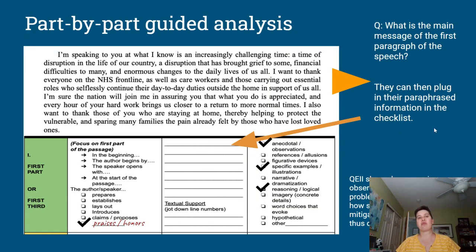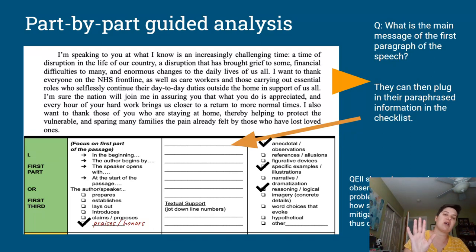So now we're going to go through part by part through a guided analysis. If you see, here is part of the transcript of the Queen's speech. And the question is, what is the main message of the first paragraph in the speech? This is something that you can look at. I'll give you a couple minutes.